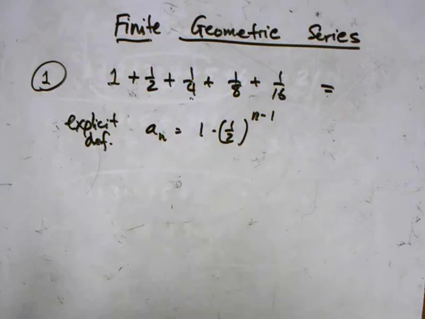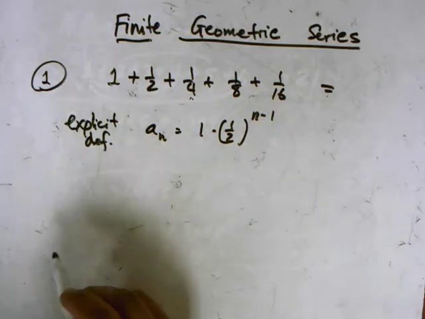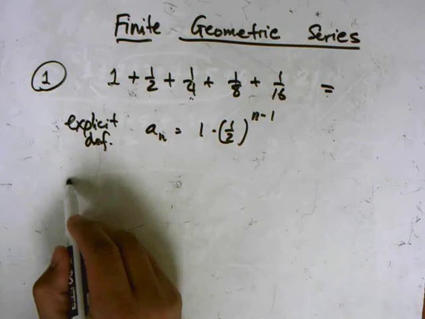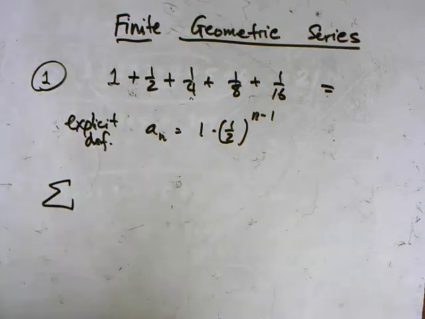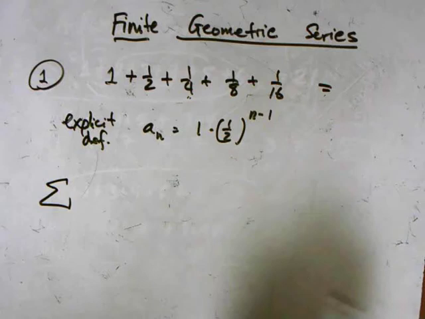But what I want to do is expand this idea here and develop a general definition. So let's take a general definition, and I'm going to use sigma here to represent the variable for the sum of a geometric series.